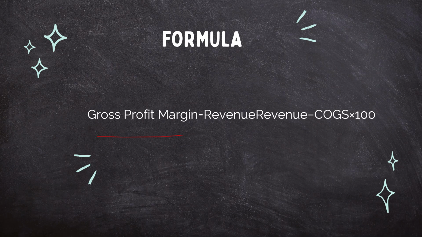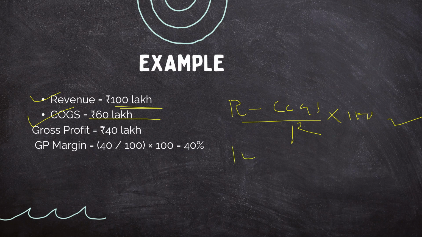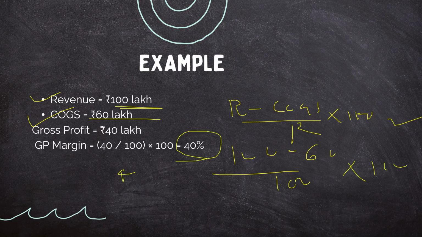Here revenue is 100, minus COGS 60, by revenue 100, into 100. So our answer is 40%. Our GP margin is 40%.